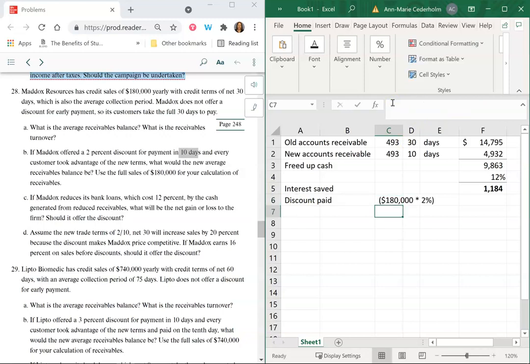Basically we're rewarding customers for paying us early so that we can have the cash early. So let's see what this ends up being. 180,000 times 2% gives me 3,600. I'll put this in as a minus because I want all of the cash coming in as positive and all of the cash going out as negative.